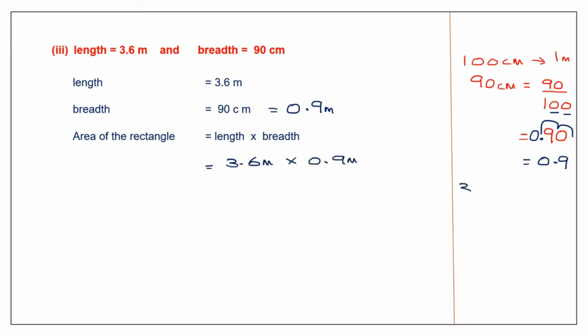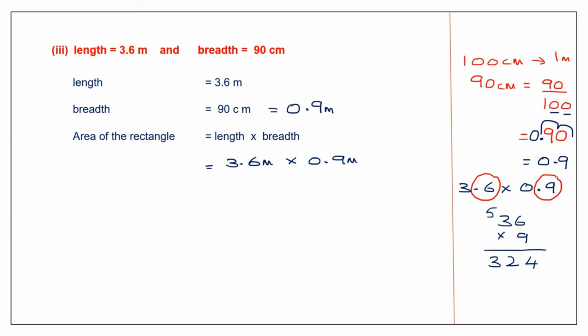So let's multiply 3.6 into 0.9. When we ignore the point, it becomes 36 and here it becomes 9. 36 into 9. 9 sixes are 54, carry 5. 9 threes are 27 plus 5 is 32. Now let's look at the question. Now here there is one decimal place and here there is one decimal place.